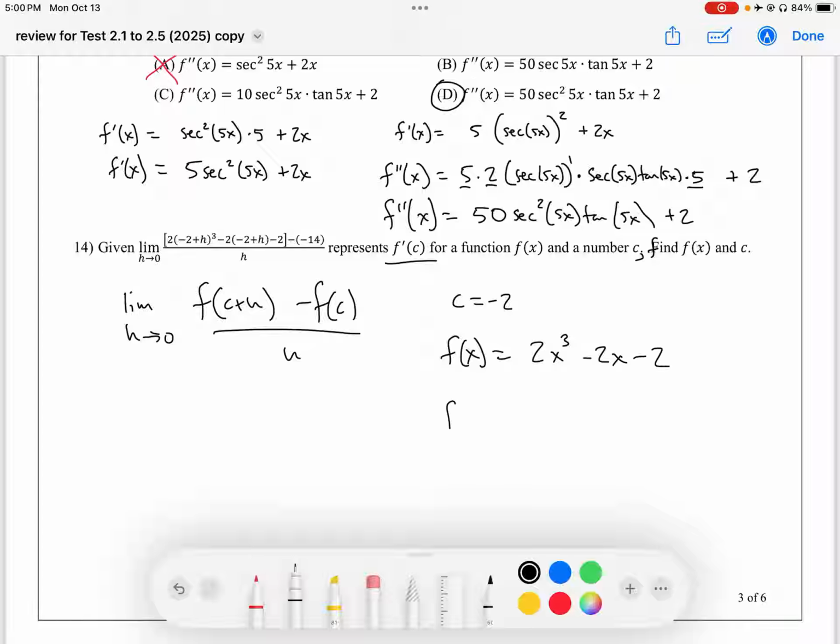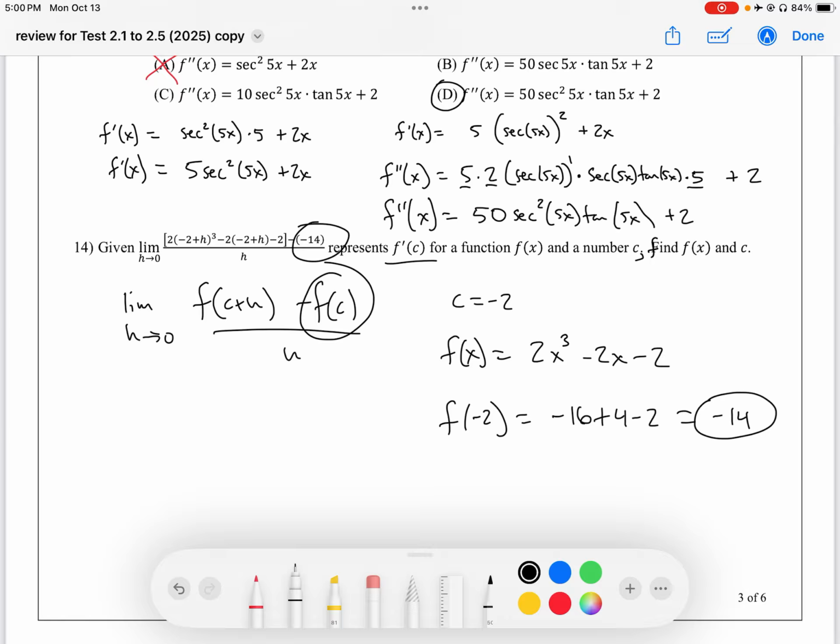And we can check and see, sorry, not f of c, but f of -2, which is my c value, see what that is. F of -2 is -16 plus 4 minus 2, which is -14. And so you can see that that -14 matches this -14 when I plugged that -2 in. So that's my f of c.